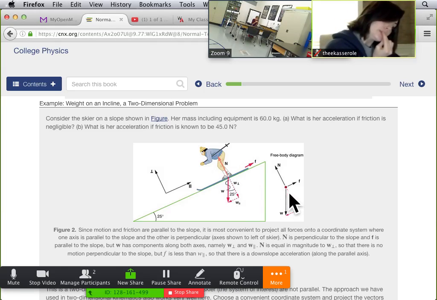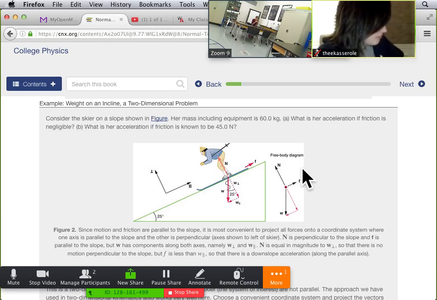So in our coordinate system, the vector that goes straight down, which is the weight vector, is going to have two components. One that is perpendicular to the slope, which is this way, and I like to draw a dotted line down this way that shows me my slope still, that's right along the friction there. So I have a perpendicular component and a parallel component.